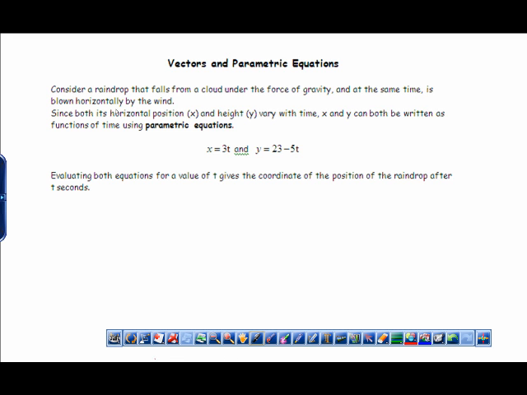Okay, so even this, we're going to have to kind of simplify. It says, since both its horizontal position, which is going to be x, and the height, y, vary with time, x and y can both be written as functions of time using parametric equations. So look what we have here. We have two linear equations, okay? One for the horizontal position, one for the height, and they both vary with time linearly.